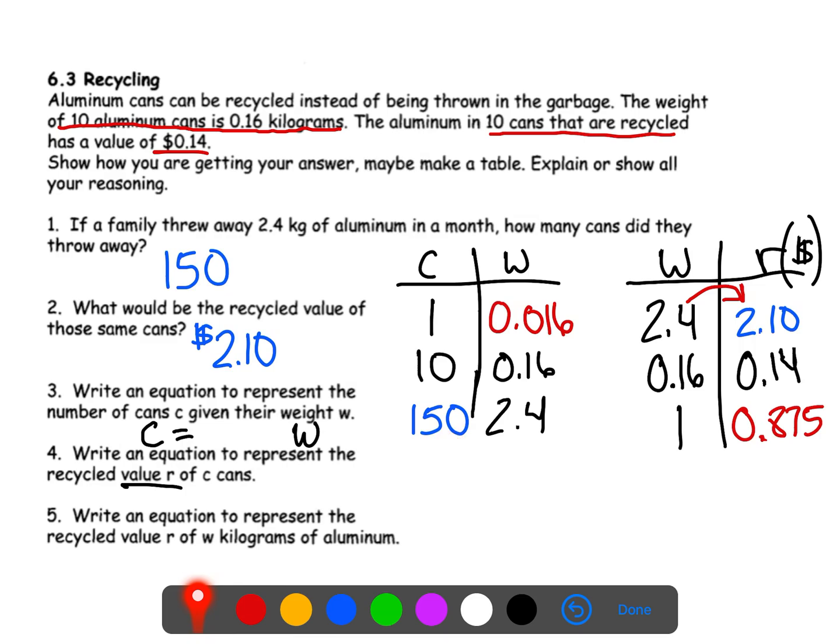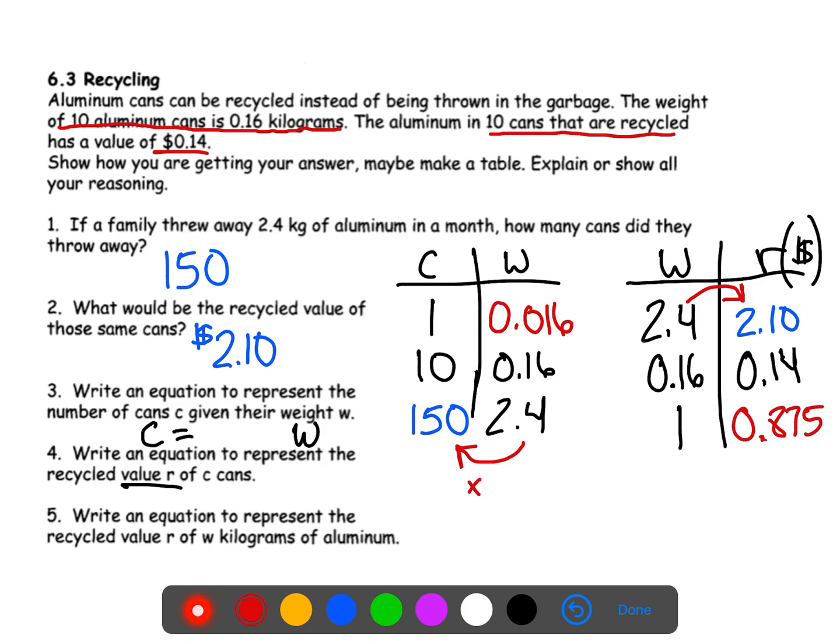What we need to do is some division to find the constant of proportionality. It's not as easy to see what the reciprocal is of this constant of proportionality. So instead of taking 16 hundredths divided by 10 to get this, we're going to reverse it and do 10 divided by 16 hundredths, and that will tell us how to go in this direction.